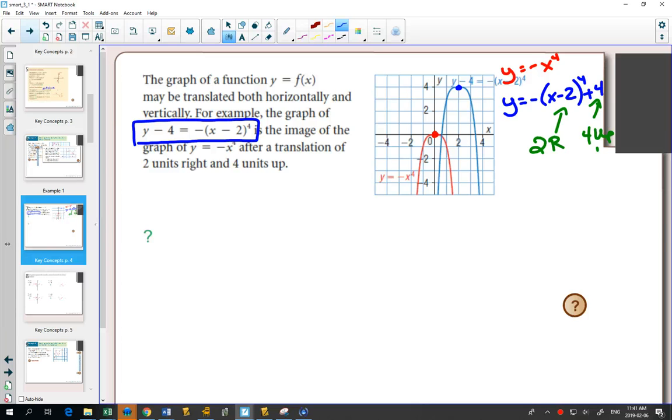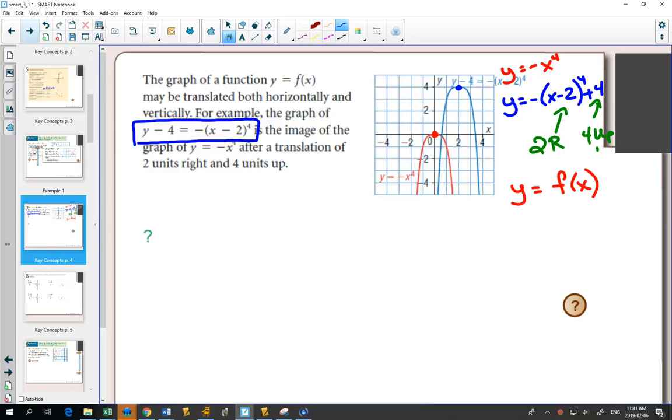If I wanted to write this in function notation, if I said my original graph was f of x, how would I write my blue graph in function notation? Well, what's happened? It's moved 2 to the right and 4 up.